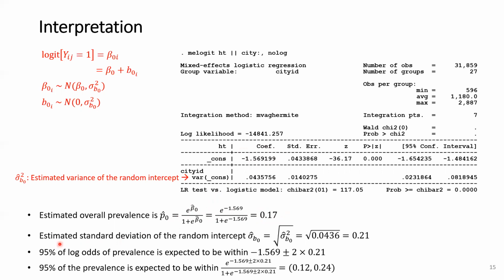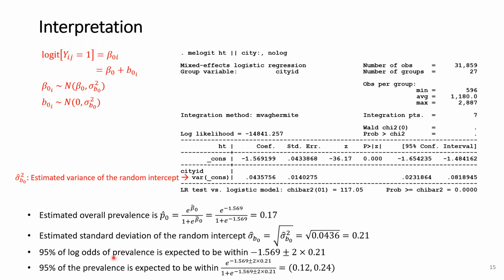And the estimated standard deviation of the random intercept is 0.21. So this means that 95% of log odds of prevalence is expected to be within this number, negative 1.57, plus or minus 2 times this one, 0.21.